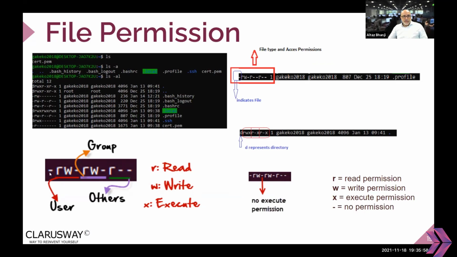Okay. And then the very first position, or the leftmost position, tells you whether it's a file or a directory. If it's just a hyphen or dash, that means it's a file. And if it has the letter d, that means it's a directory.